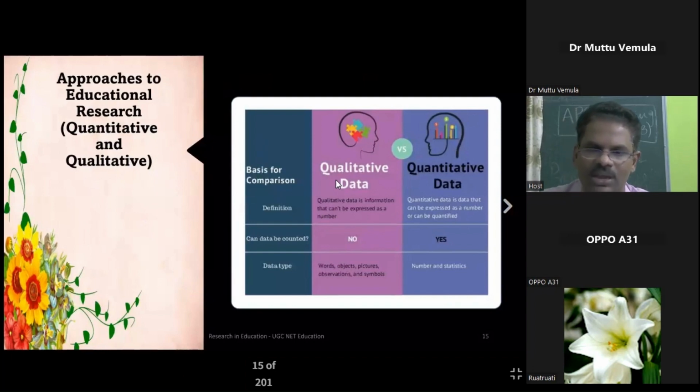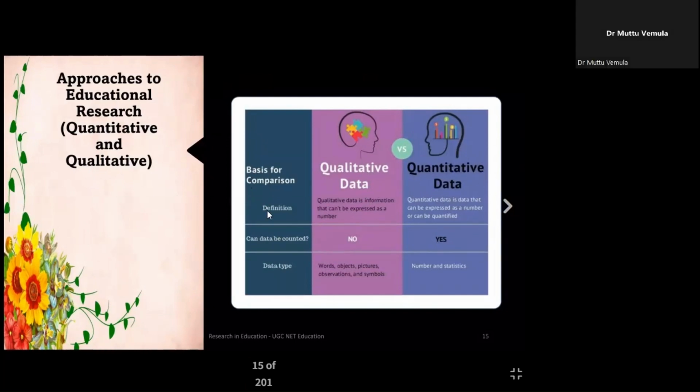Okay. So here you have the qualitative data, and here you have quantitative data. On the base of comparison, what is the definition of quantitative data? Quantitative data is information that can be expressed as a number.